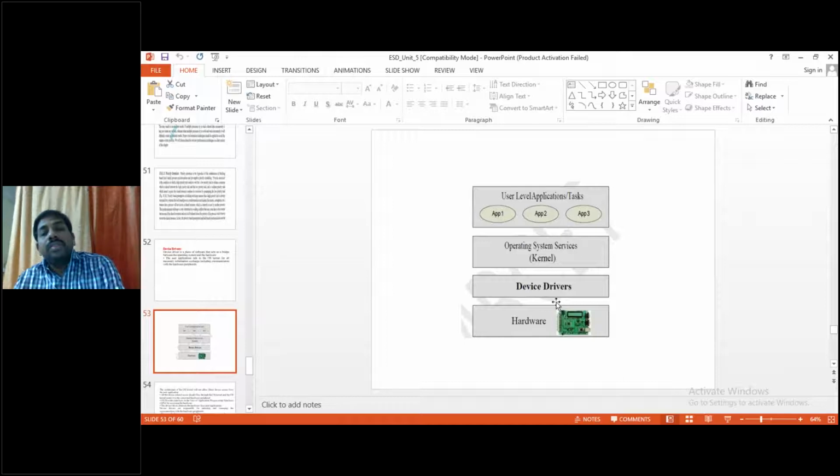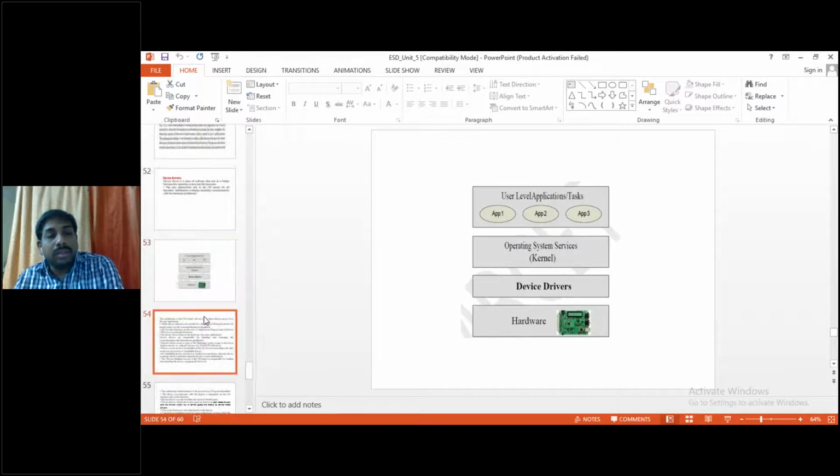So device information is written in the device drivers, and the core of the OS kernel will read the device drivers and understand how each device is configured. Then only the user applications can interact with the devices.